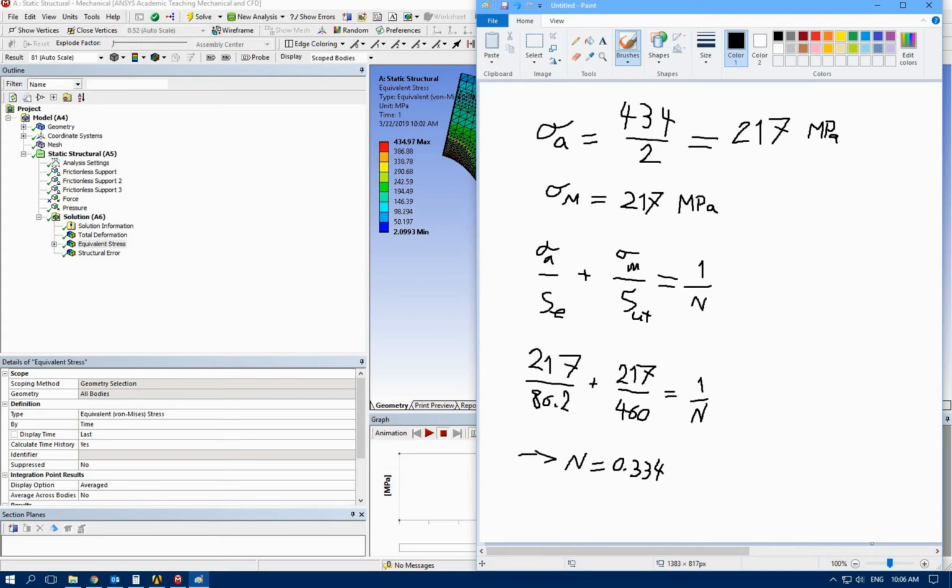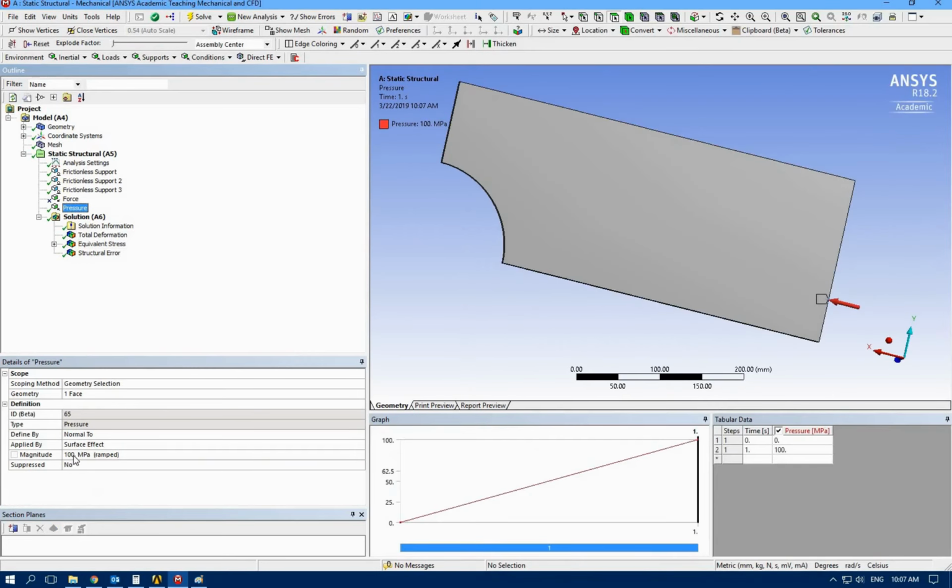Okay, let's consider case 2, which was the fully reversed one. We calculated everything for zero-based. That is why I added 100 megapascal.